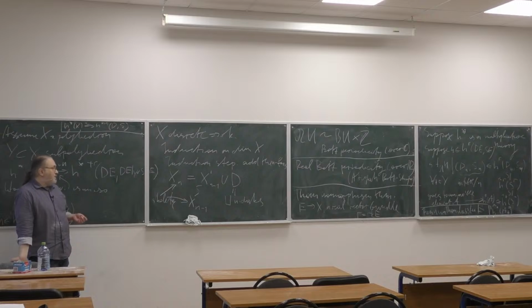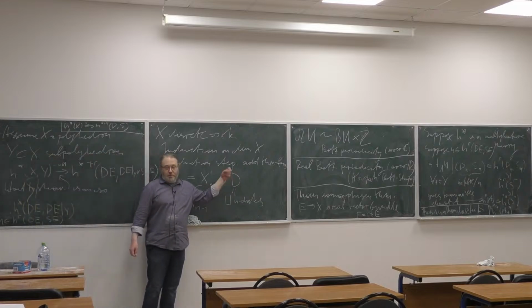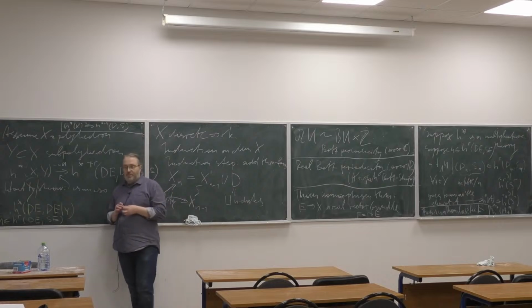Well, X'_{n-1} is the (n-1)-skeleton plus a small part of each n-cell, such that when we take the union with the corresponding disks, we get everything.